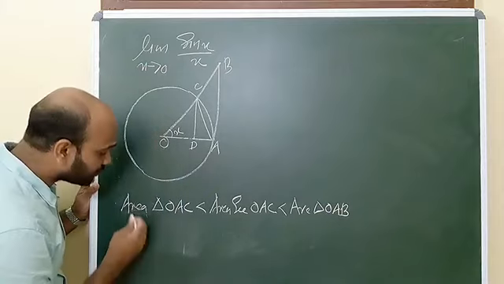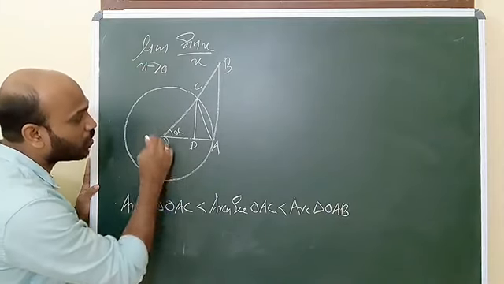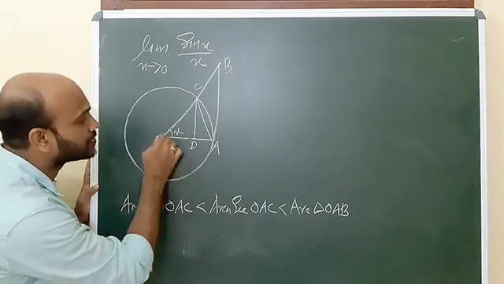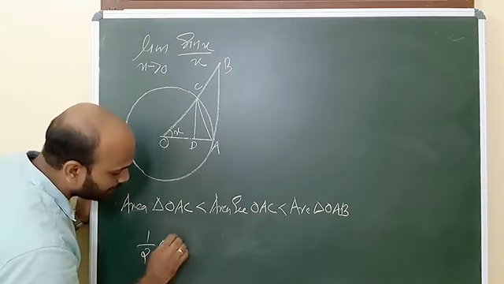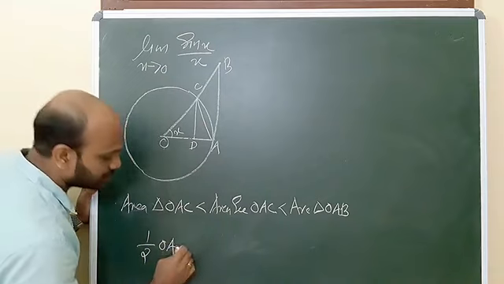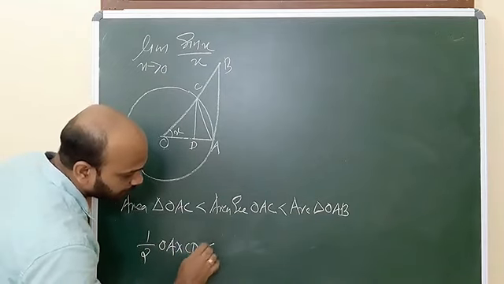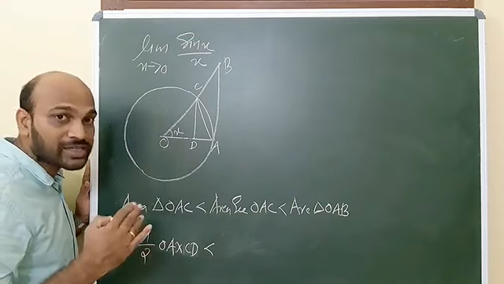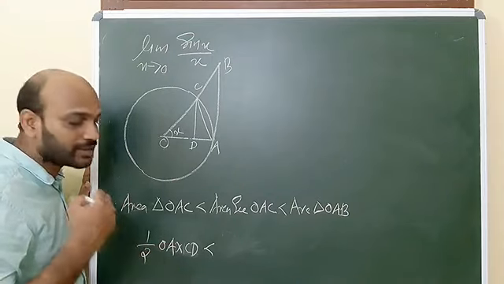So what is the formula for area of triangle OAC? Half into base into height. Base is OA and height equals CD, right? Less than the area of the sector, which is half r squared theta, that is radius squared into theta.